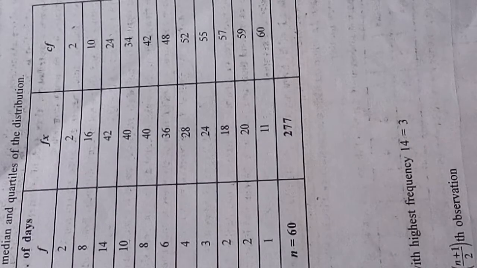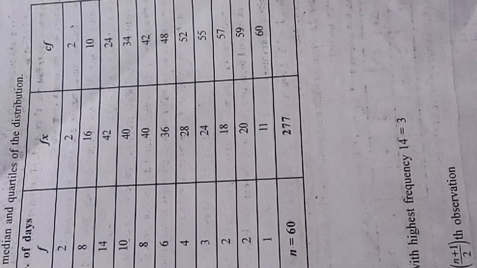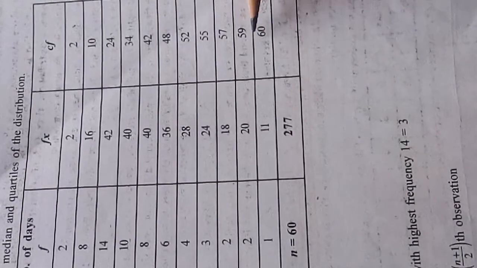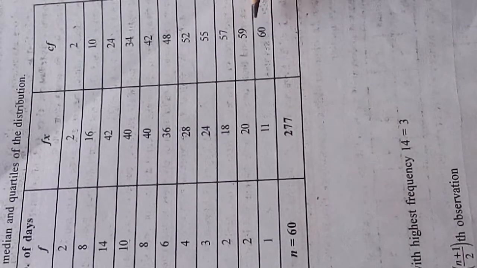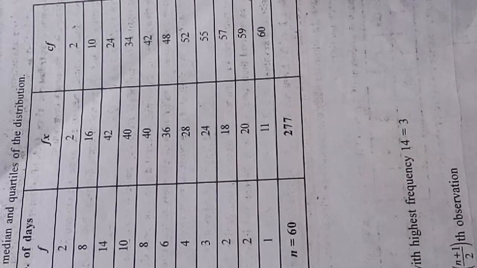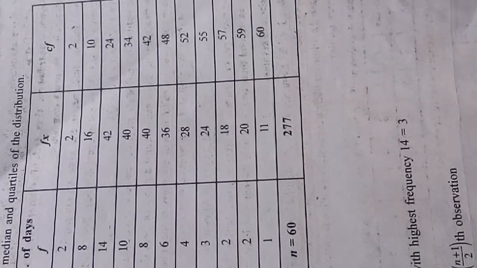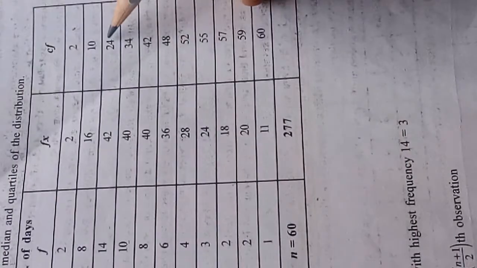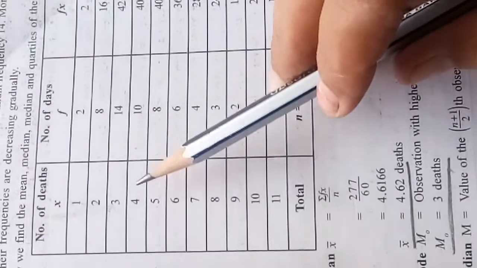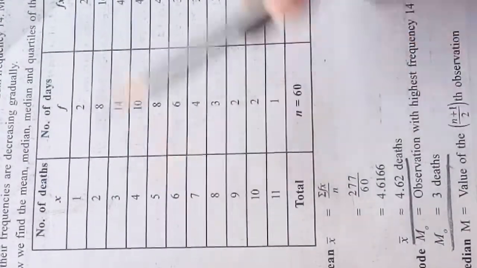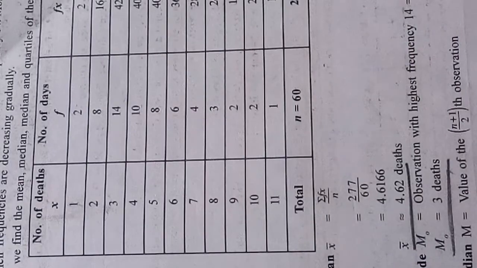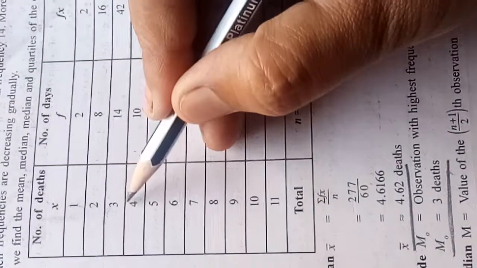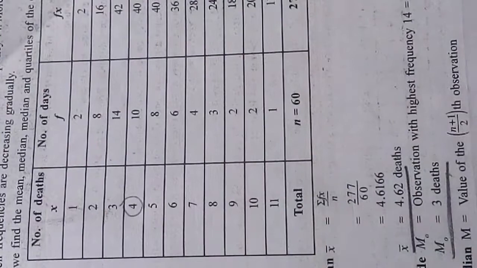Now as we know, this is a discrete frequency distribution. So here our formula is the (n plus 1) by 2th observation. (N plus 1) by 2th observation means 60 plus 1, that is 61 by 2, the 30.5th observation. Now 30.5 means after this, from 25 to 34 all observations are 4. Whether it is 30.5, that means (4 plus 4) by 2, that means this 4 is our median.